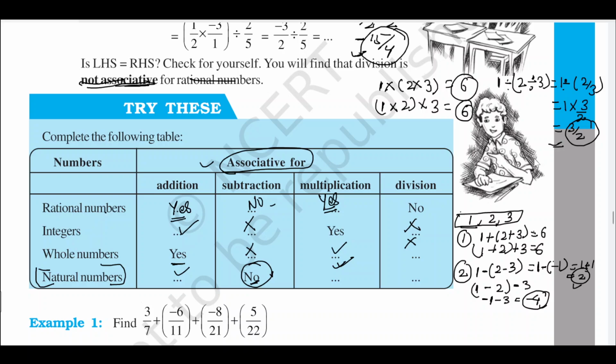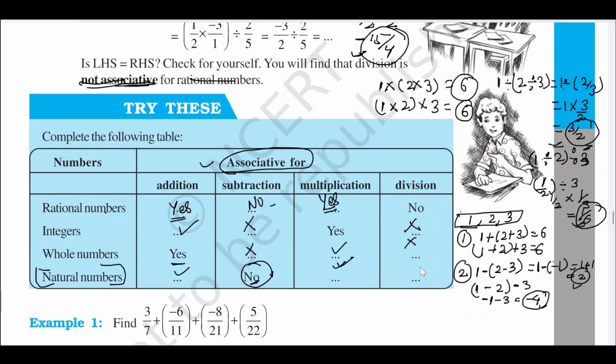For the RHS side, we will change the position of the bracket, or grouping. So we will solve 1 by 2 divided by 3. So 1 by 2 into 1 by 3, so we will get 1 by 6. So clearly 1 by 6 is not equal to 3 by 2.